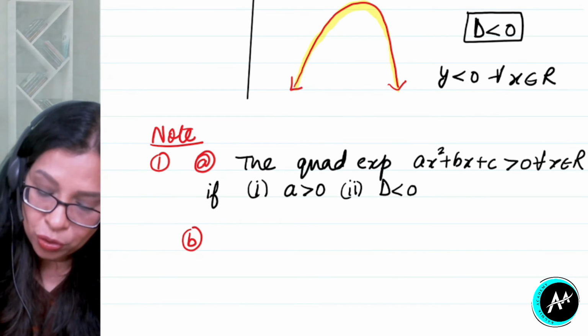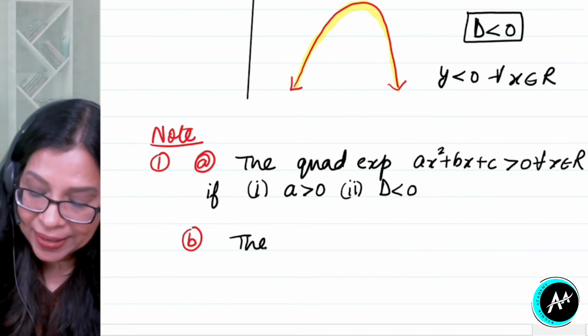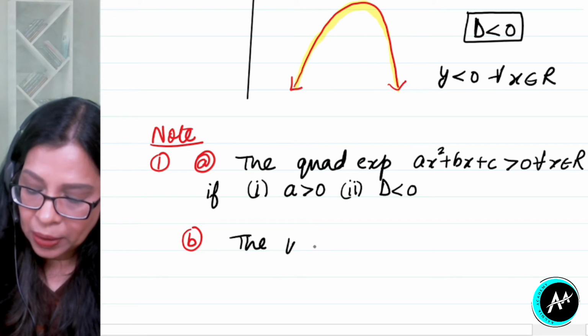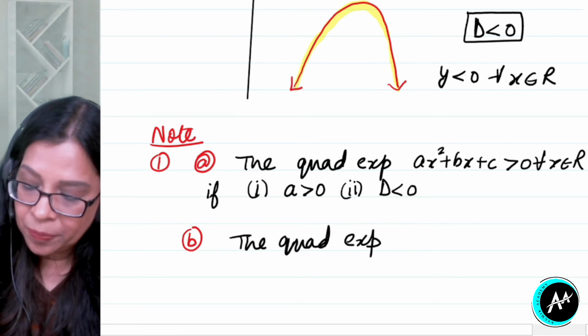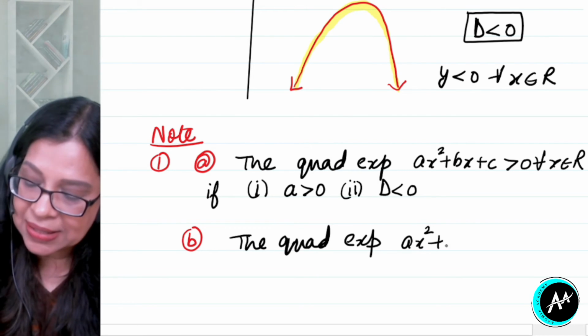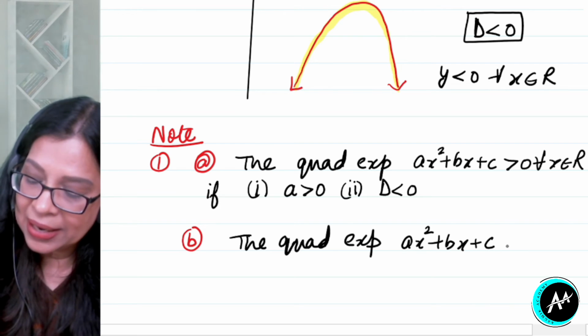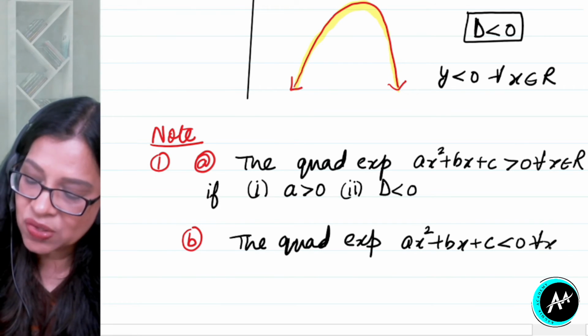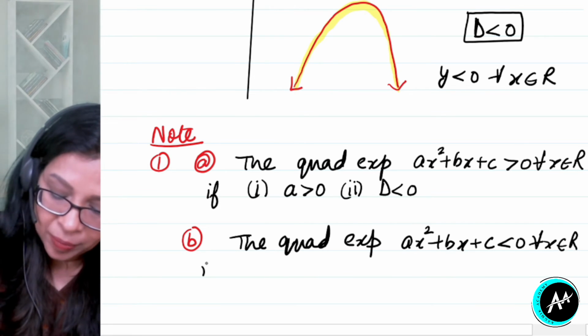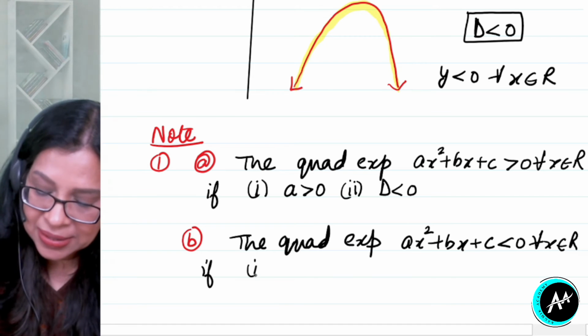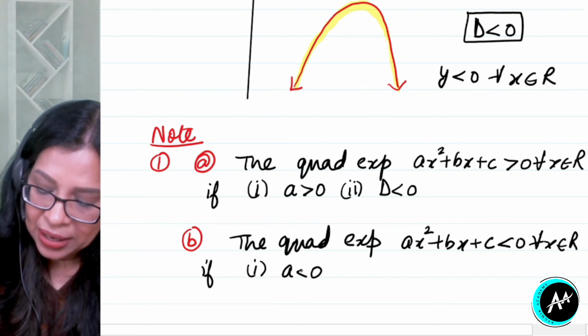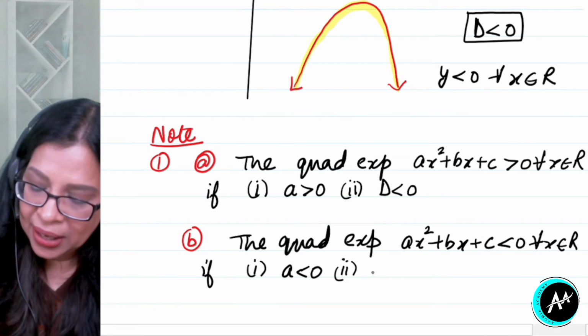So b part would be that the quadratic expression ax square plus bx plus c will be less than 0 for all x belonging to R when, if you have two conditions, that a is negative and secondly d is also negative.